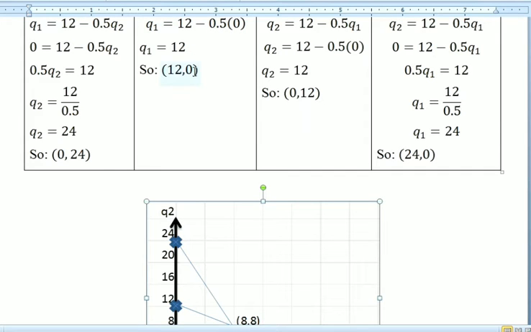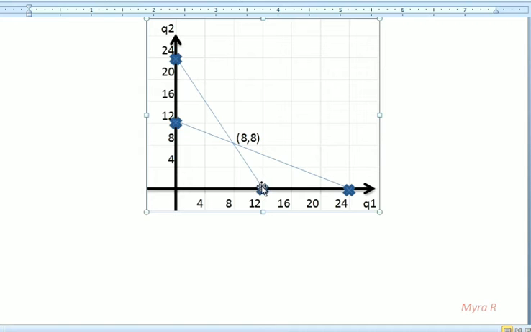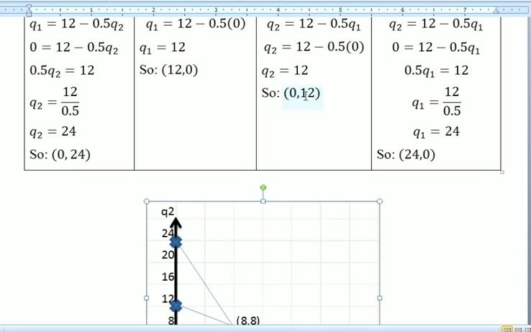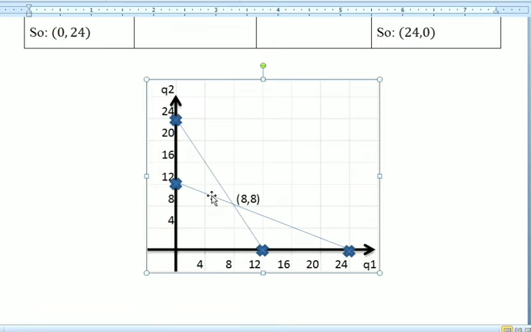We connect both points, so we get the first line. The second, (0, 12), x 0, y 12, and then (24, 0), x 24 and y 0. We connect both marks. So we get the equilibrium, x 8 and y also 8.